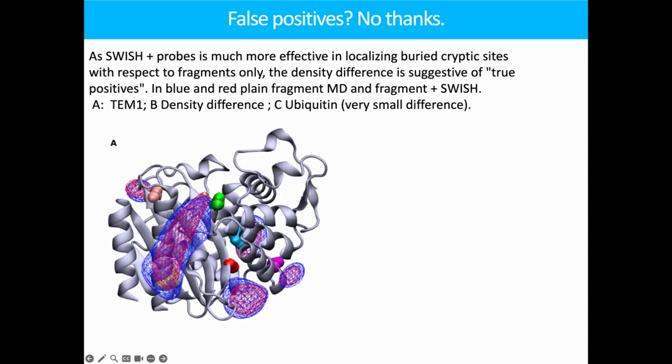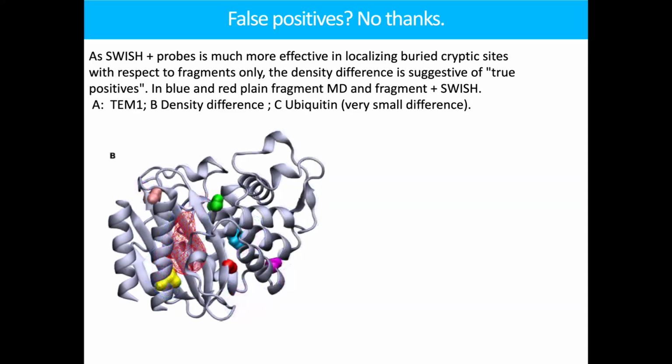If you subtract the cavities, for instance for beta-lactamase, that open in the presence of Swish and fragments from those that you can obtain just by running long MD, you clearly see where the real pocket is. In this case, it works. In other cases, it might be less effective. So you still need a way to analyze the pockets that you find and to see if they are relevant.